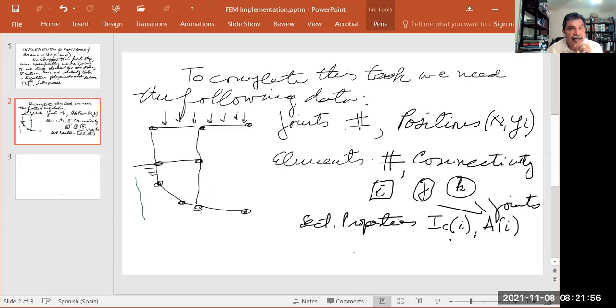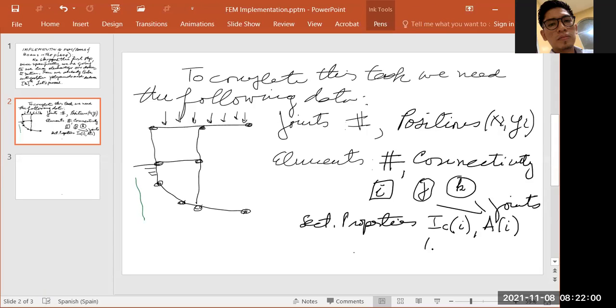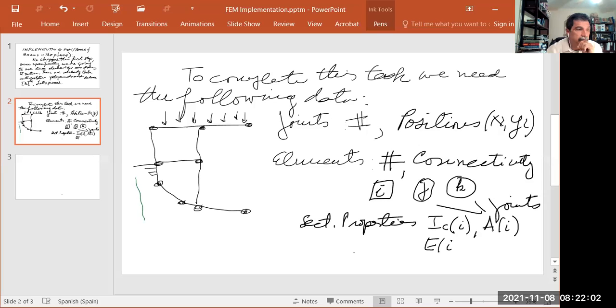What else? Mechanical properties, people? Young modulus for each one of them, because it's possible that in some part you can have a different material than in the others. So we could include that difference.